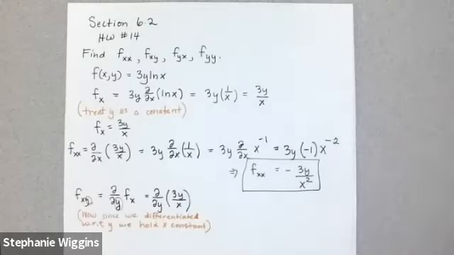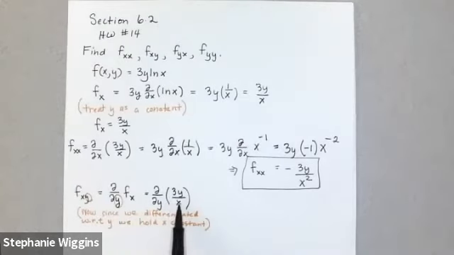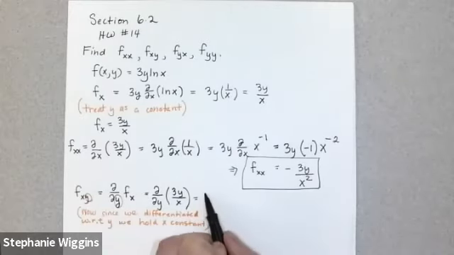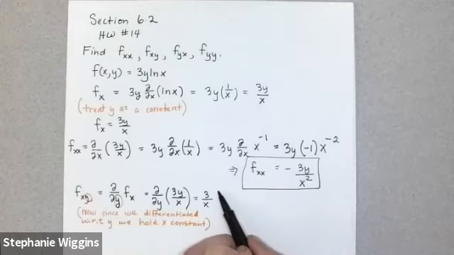Okay, so since x is constant and we're multiplying 3 over x by y, we can pull the 3 over x out of the differentiation because that's the constant multiple rule that we've been using in the past. And now we're just going to differentiate our y.